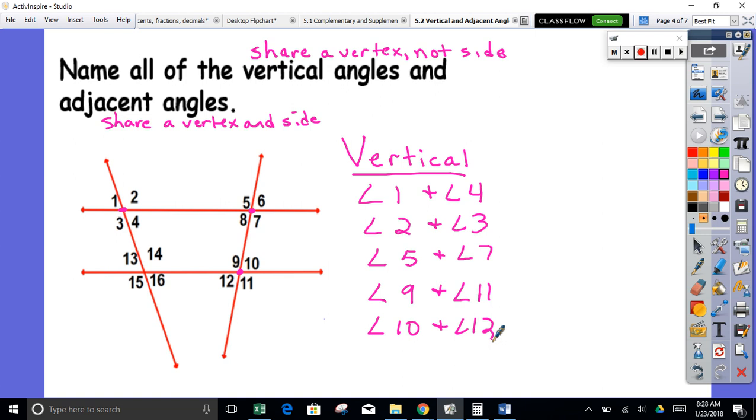Okay, we'll do one more set if this goes well. Elena? Angles 14 and 15. 14 and 15, good. Okay, are you guys all clear now on vertical? Okay, let's do adjacent. Let's use a different color for adjacent.